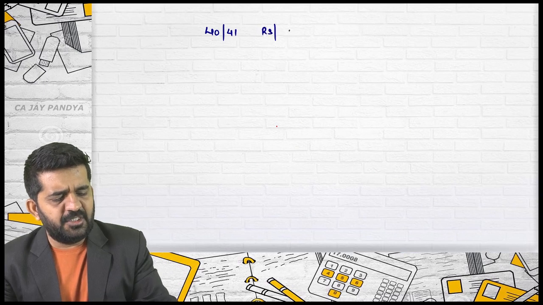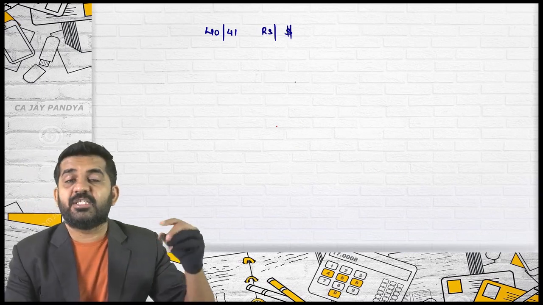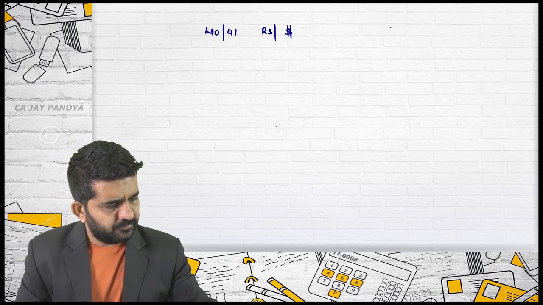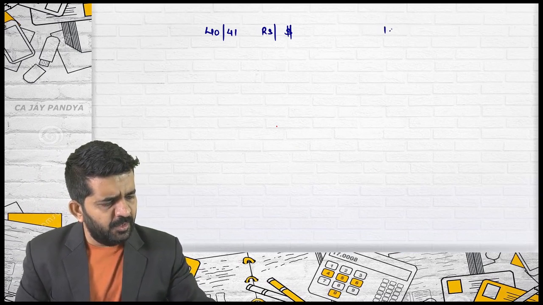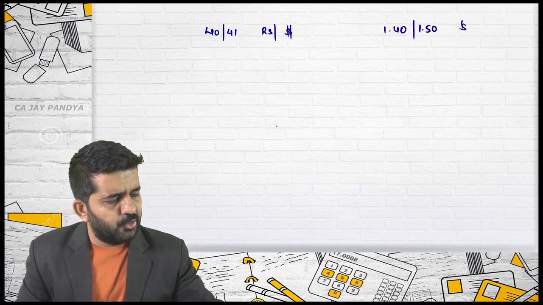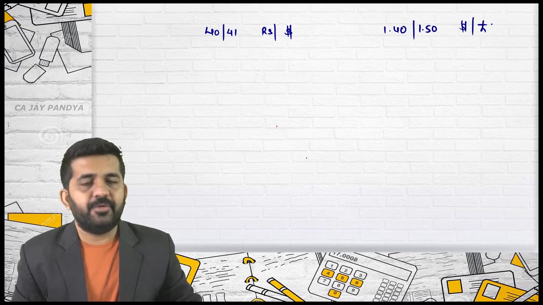Then we learned cross currency. What is cross currency? Suppose two rates are given: 40 slash 41 rupees per dollar, and this quote is in India. Another quote is given: 1.40 slash 1.50 dollar per pound.